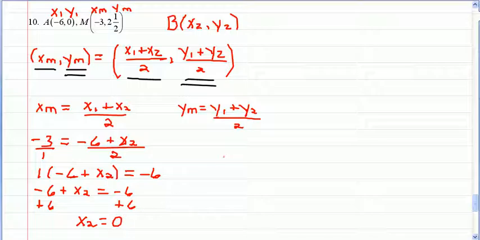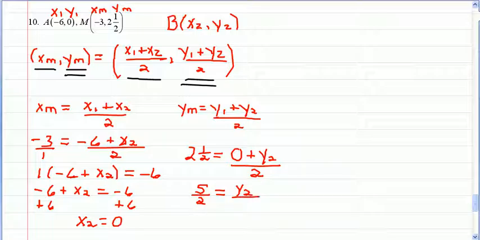Now that I've found x sub 2, now I want to find y sub 2, so I start with y sub m is 2.5. So I take 2.5 is equal to y sub 1 is 0 plus y sub 2 is what we're finding divided by 2, and I have 2.5. 2.5 I'll write as an improper fraction, 5 over 2. 0 plus y over 2, you can just write that as y sub 2.